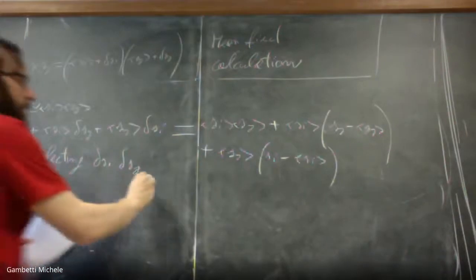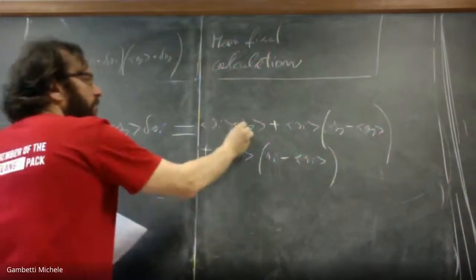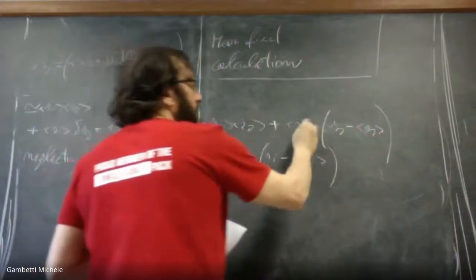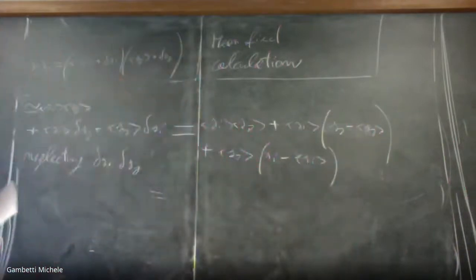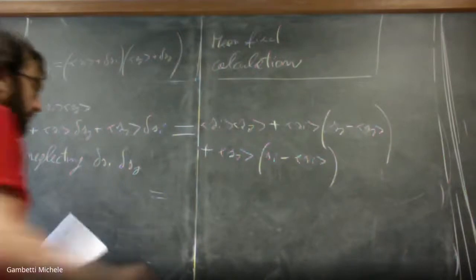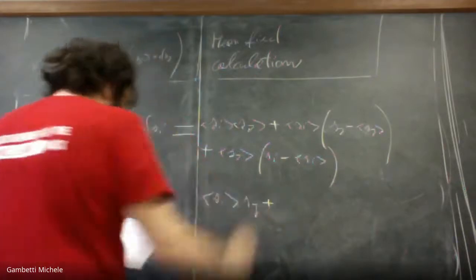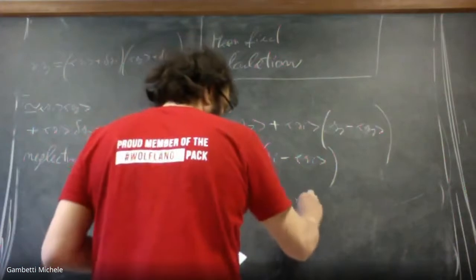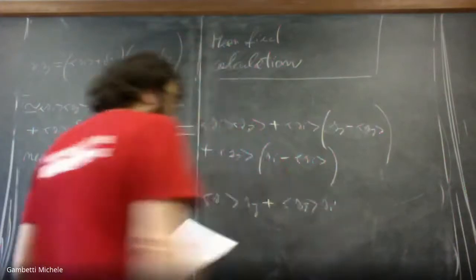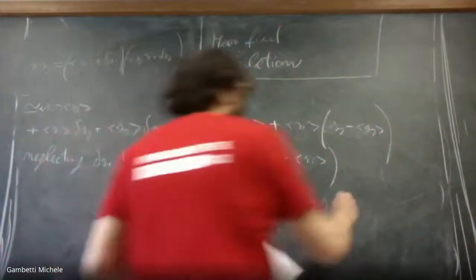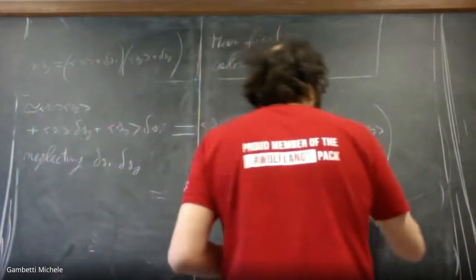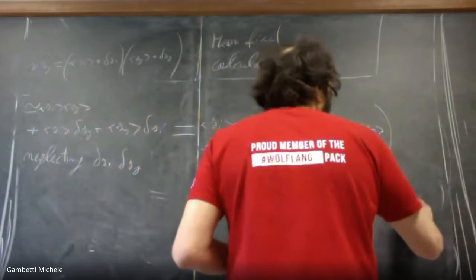Now, if I do the calculations, I will see that one of those terms goes away. Then I will have the average of s_i times s_j, the average of s_j times s_i, and a double product, minus one average product left, s_i and s_j.